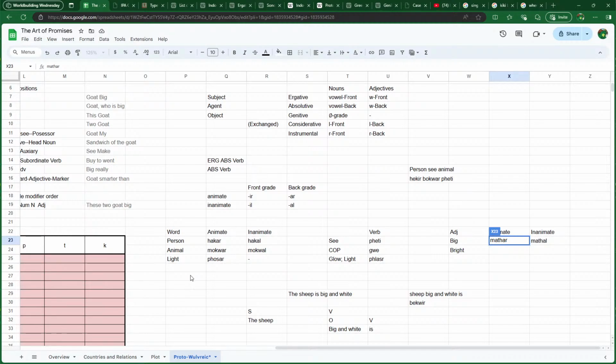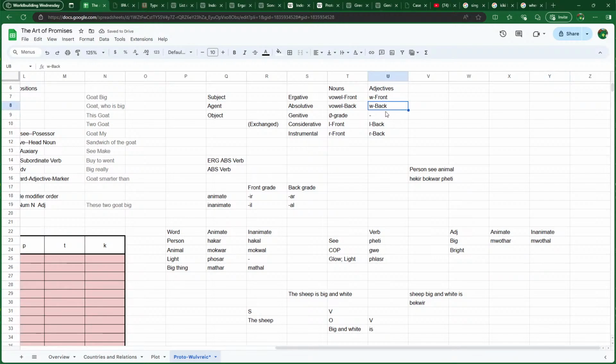actually it comes from big thing, right? So we would have matar and matal. But the adjective form would be mortar and mortal, right?